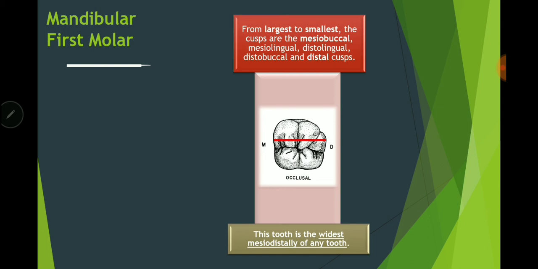And from the largest to smallest of the mandibular first molar, the cusps are mesial buccal, mesial lingual, distal buccal, and the distal cusp. You have to know how to number them, okay, in order. Which one is the biggest, which one is the smallest. Okay. And this tooth is the widest mesiodistally of any tooth. Okay, this is what I mentioned earlier.